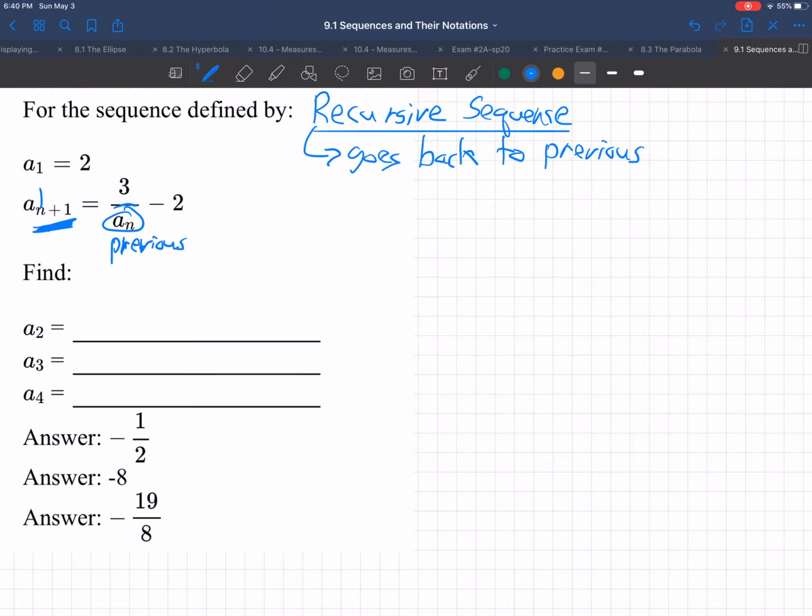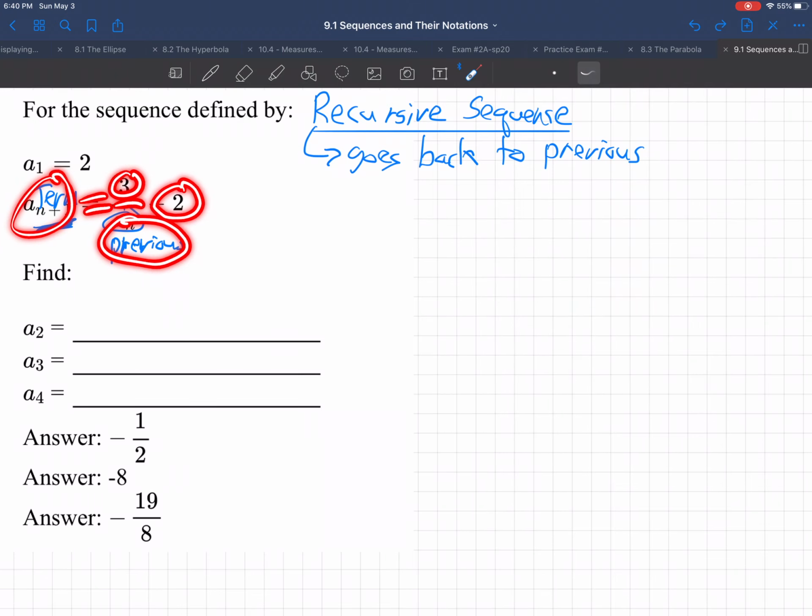So what this says in more common English, any term, call it the n plus first term, is 3 divided by the previous term minus 2. You see, what you've got to see in this definition is a sub n comes before a sub n plus 1. Plus 1 is later. So that means any later term is 3 divided by the previous term minus 2. Once you know what that's saying, this problem will be cake.